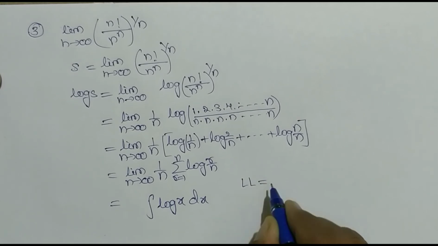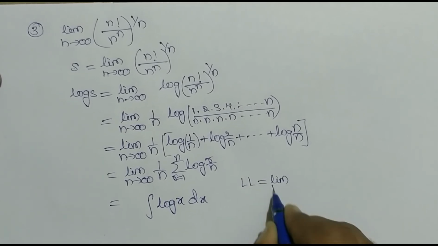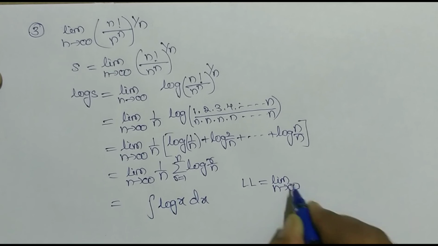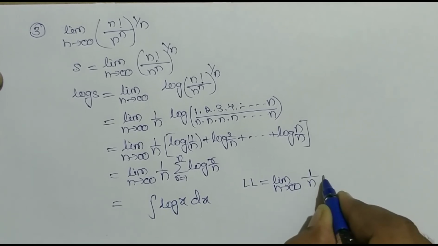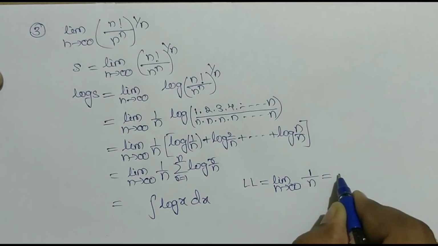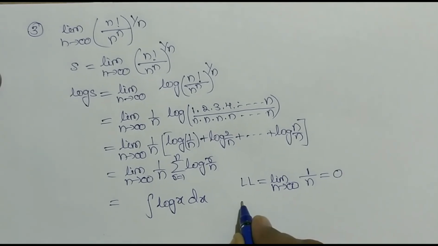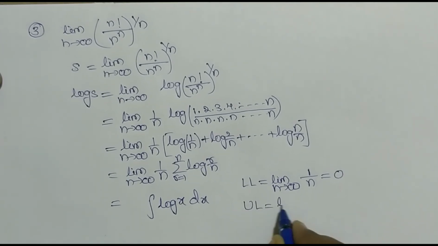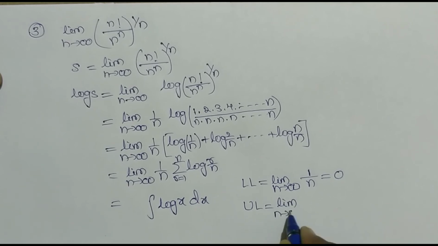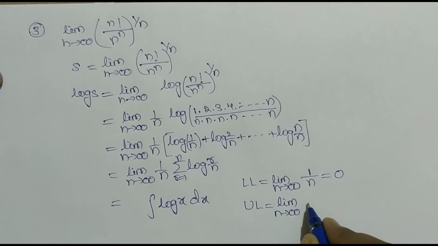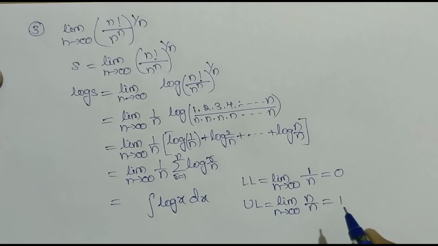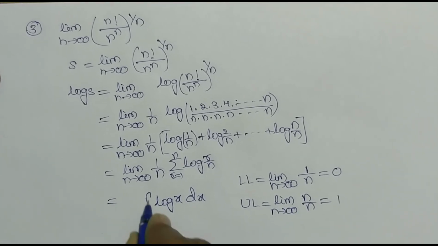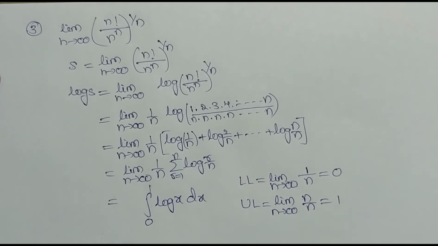For the lower limit, limit n tends to infinity, the least value of r is 1, so 1 by n is 1 by infinity, it will become 0. Now upper limit, the highest value of r is n, n by n is 1. So it is varying from 0 to 1.